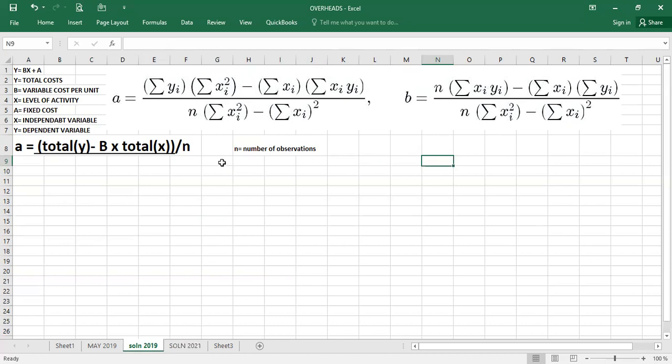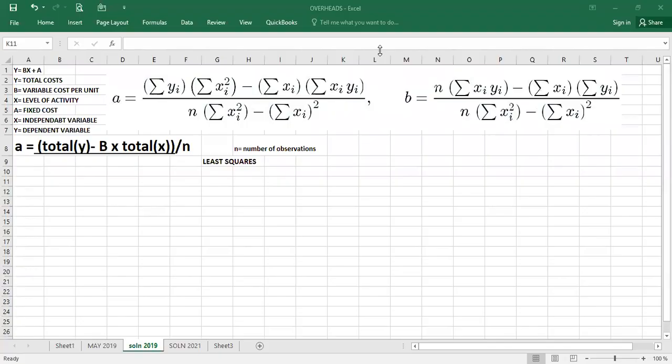We said we are going to be using least squares. Okay, let's get our data values.